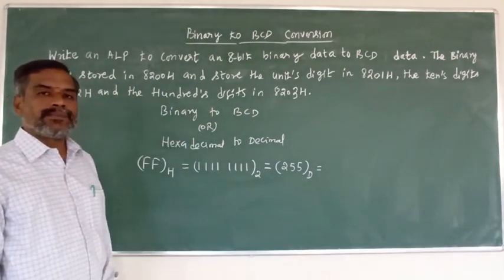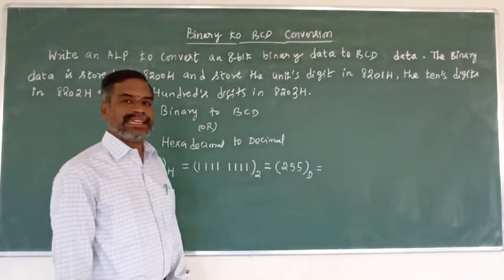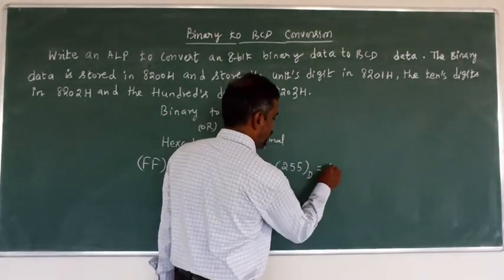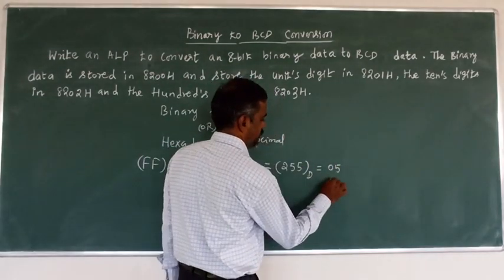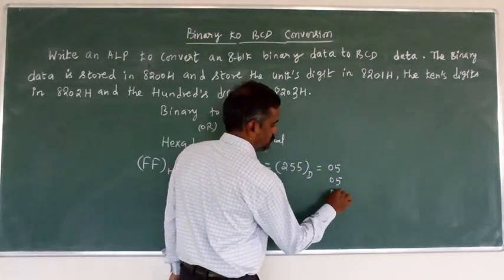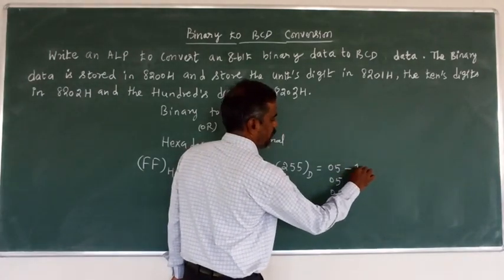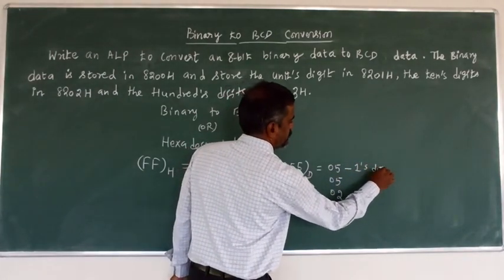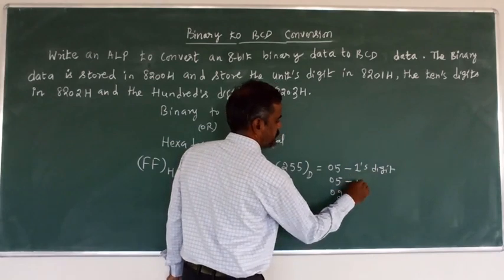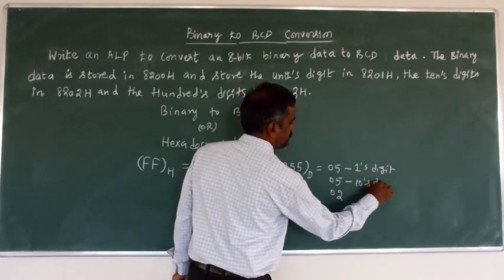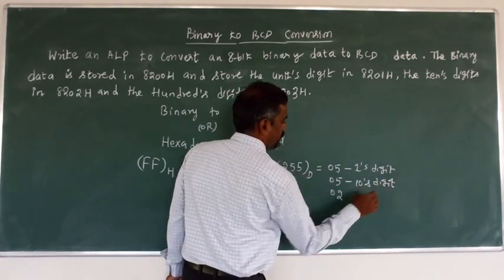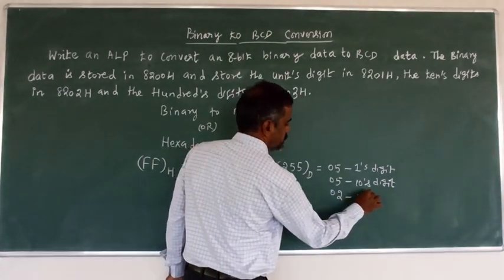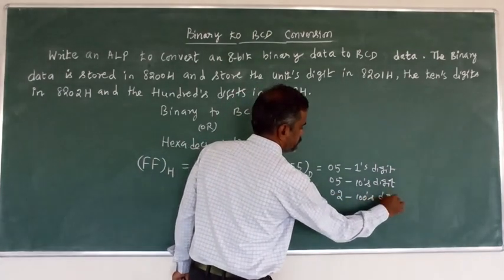we separate it into single digits: 05, 05 and 02. This is the ones digit, this is the tens digit, and this is the hundreds digit.